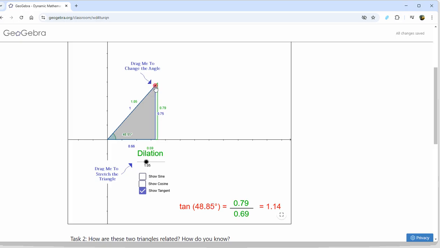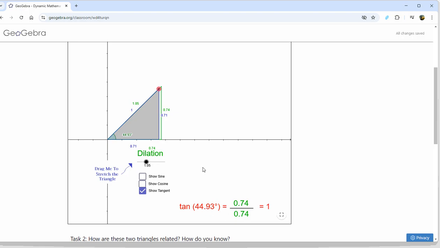So I can change this to one that we already know. I can make this an isosceles triangle. So I'm going to go to 0.7 and 0.7. Oh, almost there. 0.71, 0.71. That's going to give me a tangent of 1, and it's telling me that it's 44.93, which will round to 45 degrees.